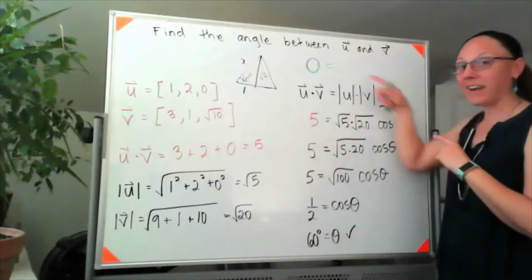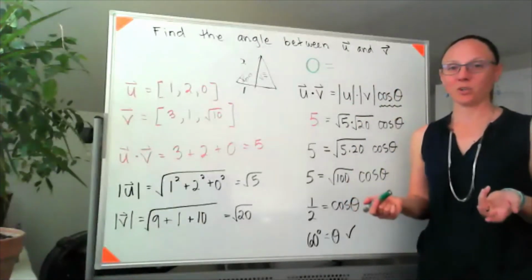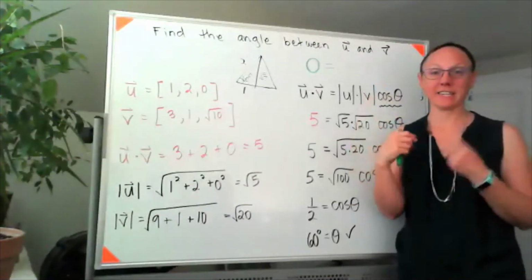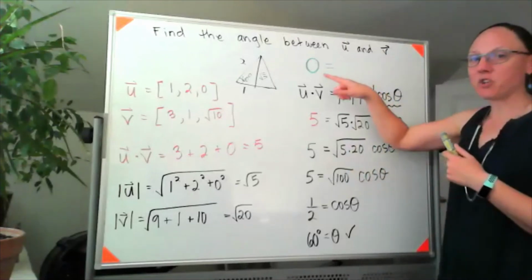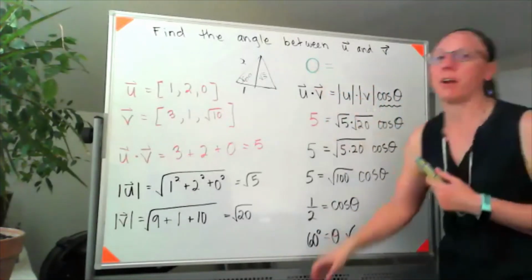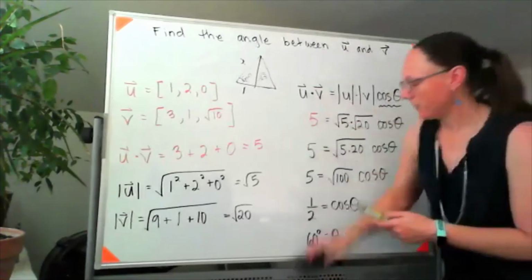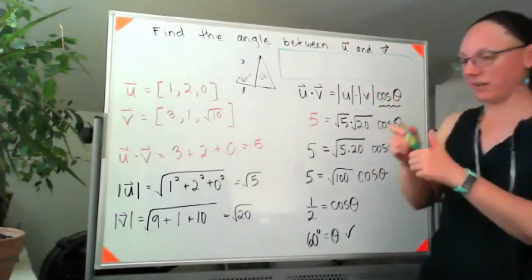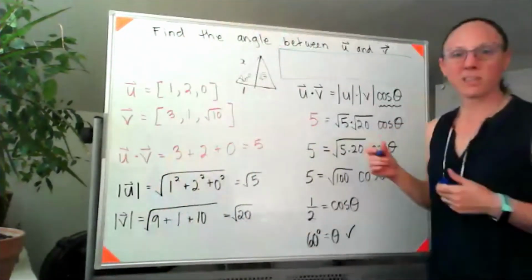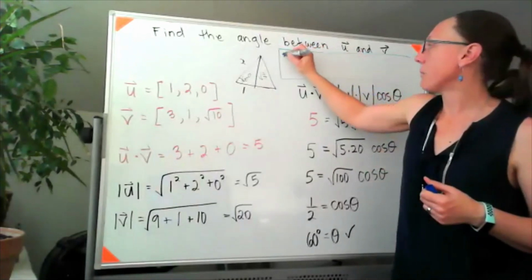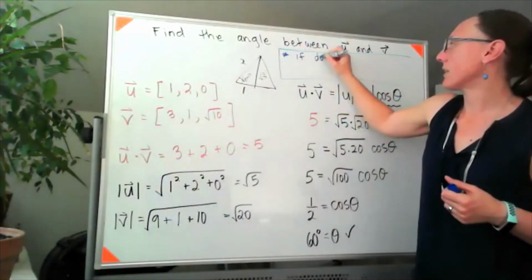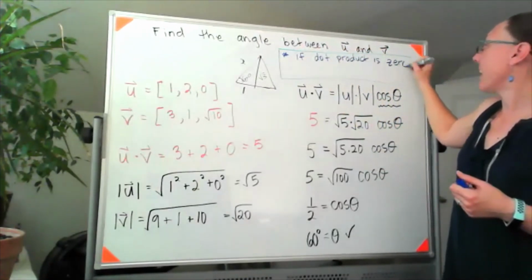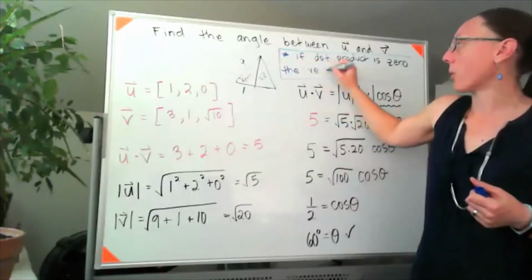So when I have two vectors that are at a right angle to each other, or they're perpendicular or orthogonal or normal to each other, those are all phrases that mean the same thing. If I have two vectors that are perpendicular, the dot product will be 0. We actually use that to derive some other formulas that we sometimes use in calculus, but that's my big picture here. So if the dot product is 0, that means the vectors are perpendicular.